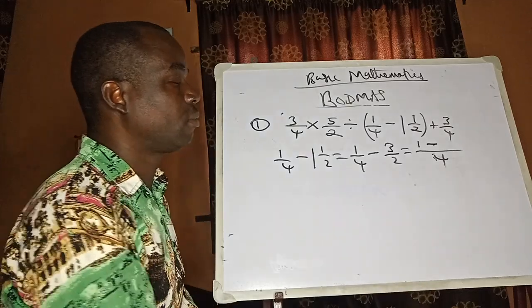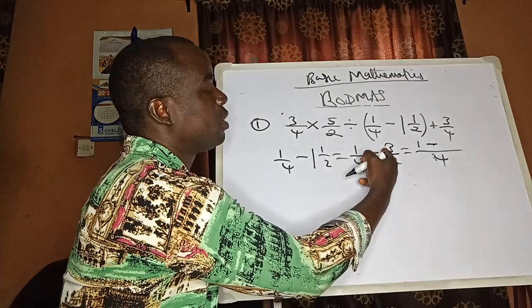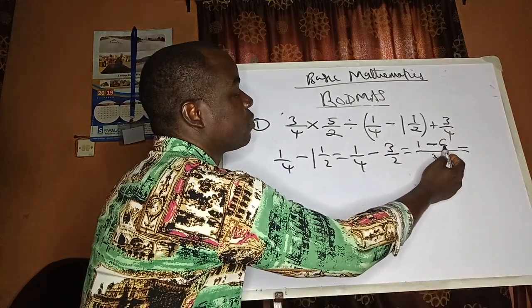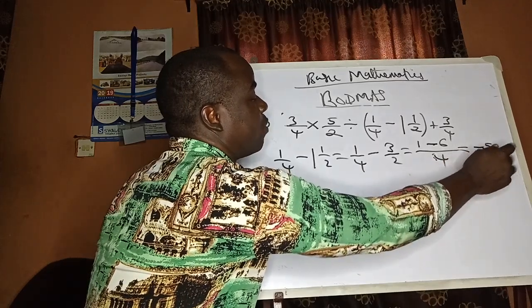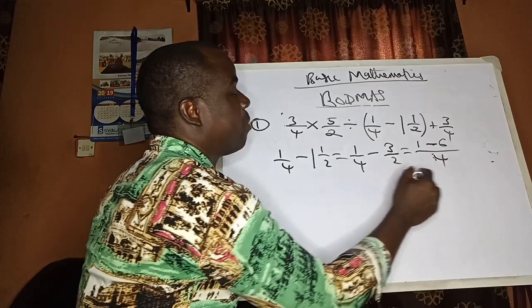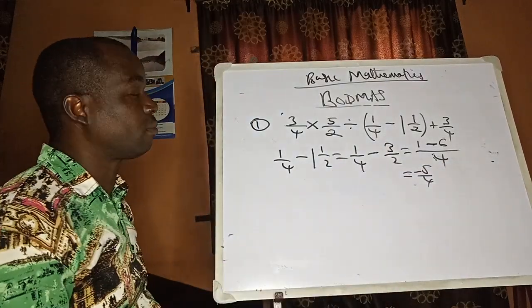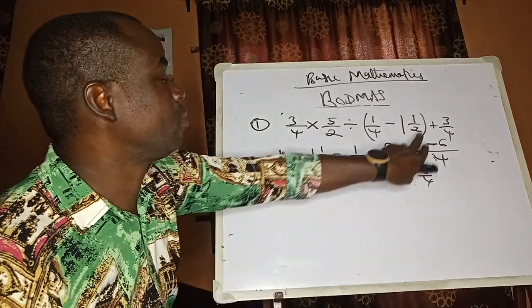Are we together? We have 2 in 4 is 2. 2 times 3 is 6. So it's going to give us 1 minus 6 is minus 5 over 4. So let me keep it like this first. Then that means I have solved this one now.